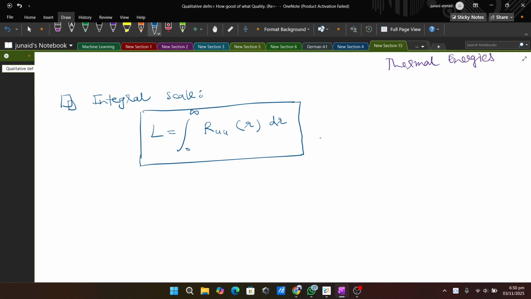So what is this R_uu? What is this thing? This is basically nothing but the longitudinal velocity autocorrelation.